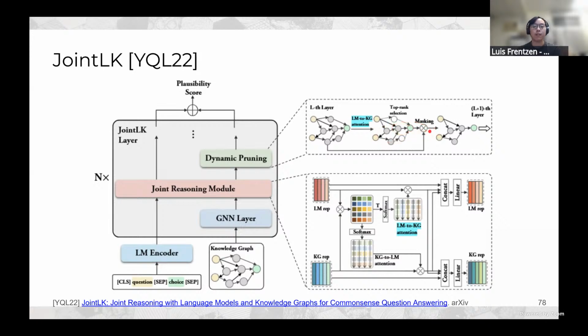So they mask it, and the masked knowledge graph is input into the next layer. As you progress into the layers, the closer you are to the output, your knowledge graph is going to be more and more focused. I think one of the main advantages here is that you don't have to explicitly tell the model how to determine the relevance score or importance score. The model is going to just compute that for you based on its internal mechanisms and based on what question or objective it is trying to achieve here.